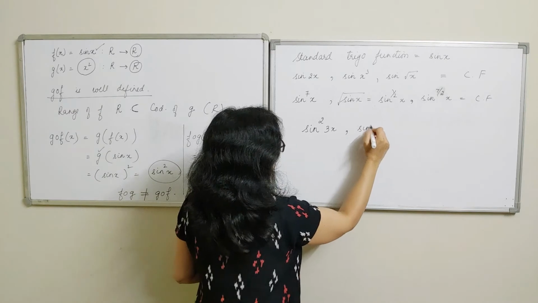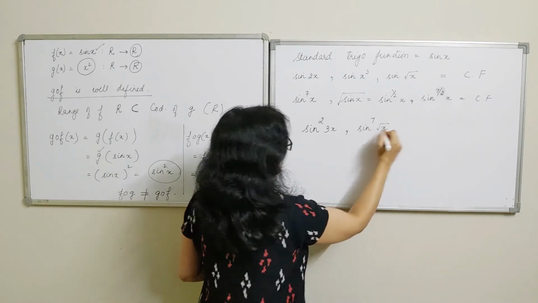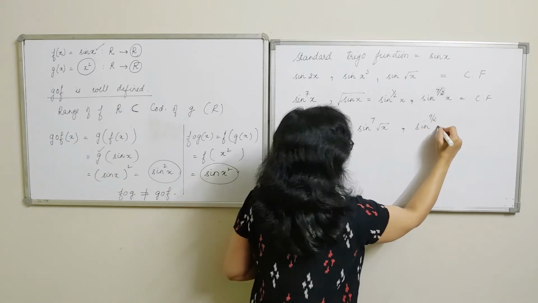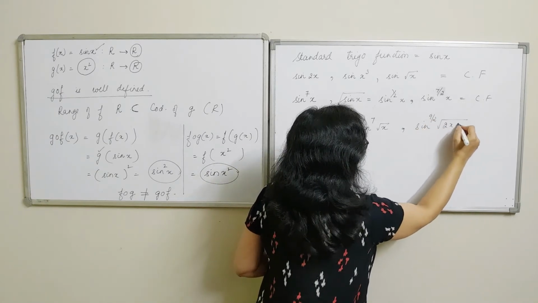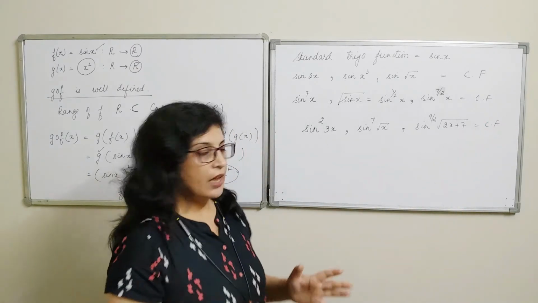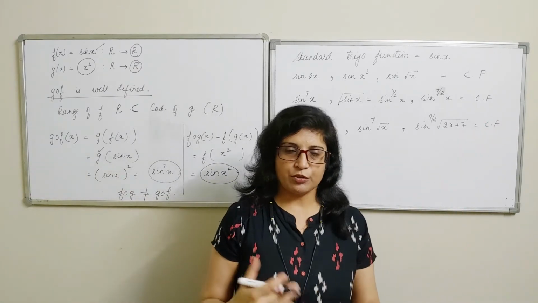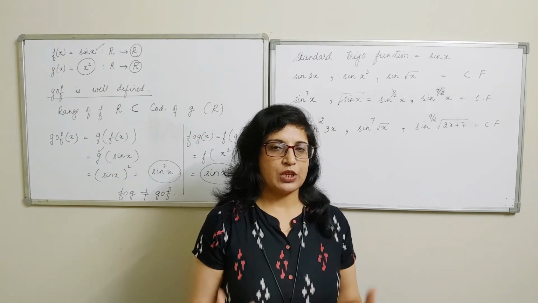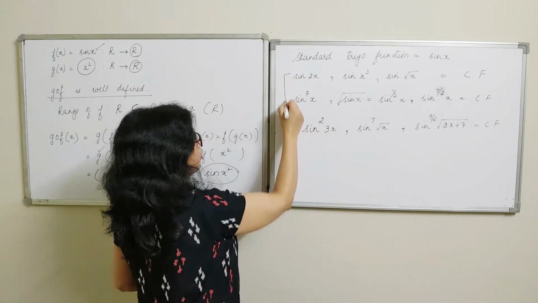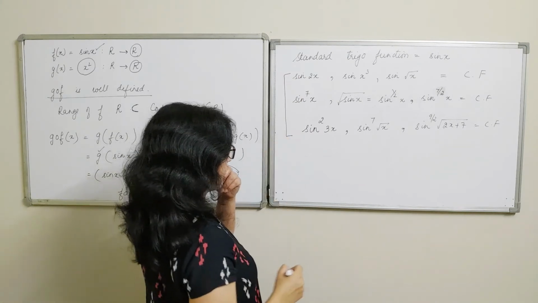Power of sine function is 7 and the angle is root x. Power of sine function is 9/2 and the angle is 2x plus 7. So these are all examples of composite functions. Now here I have explained composite functions using sine ratio. The same thing applies to the other 5 trigonometric ratios. So this is one shortcut method to identify composite functions.